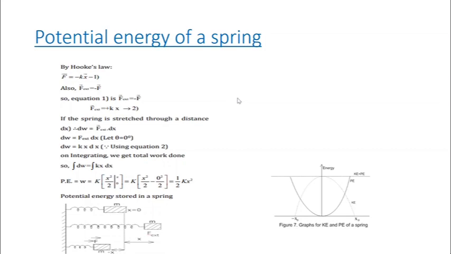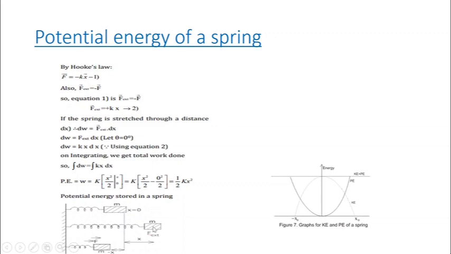Let us imagine one end of an elastic spring is fixed and it is stretched or compressed by applying a variable force at the other end. So this figure shows the original state of the spring where x equal to 0.